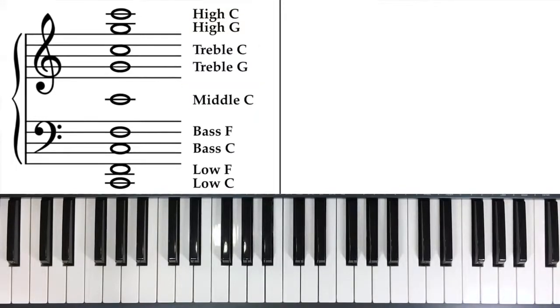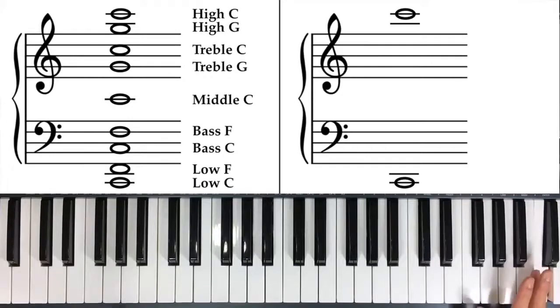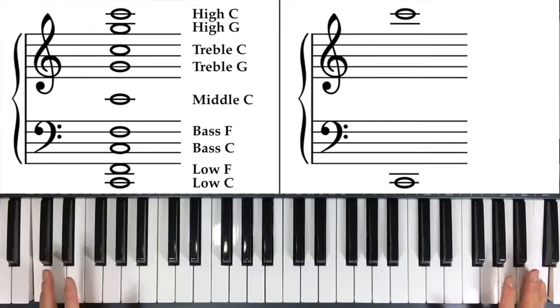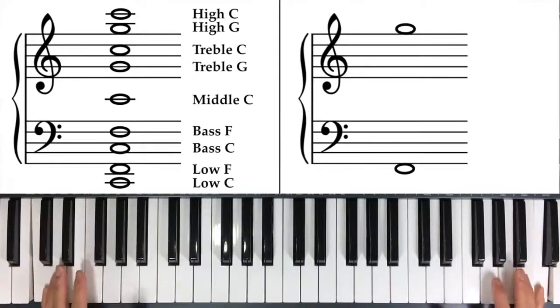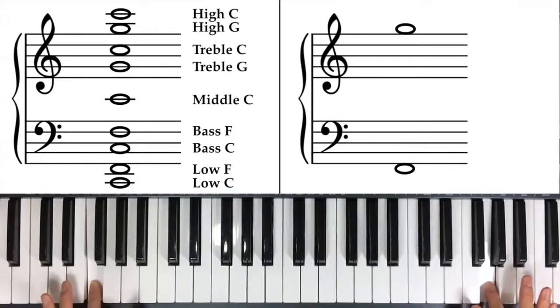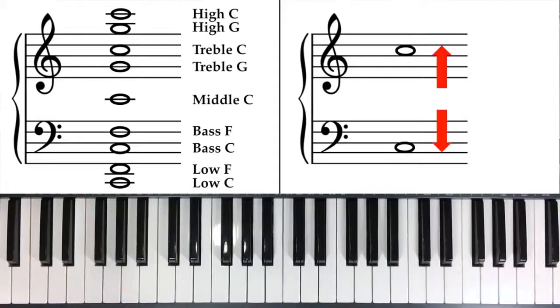Visually, it's easy to remember. On the outsides, you have high C and low C, which are two ledger lines out. And then you have high G and low F, which are touching the staff on the outside, right, just on the space. And then within the clefs, it's inverse. So you have your treble C, which is three lines from the bottom of treble, and you have your bass C, which is three lines from the top of bass.